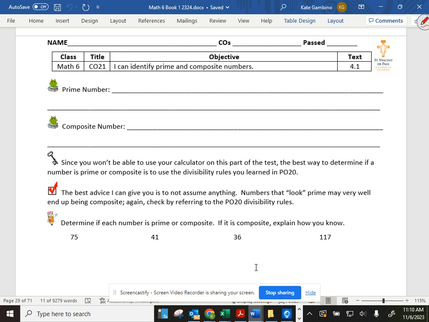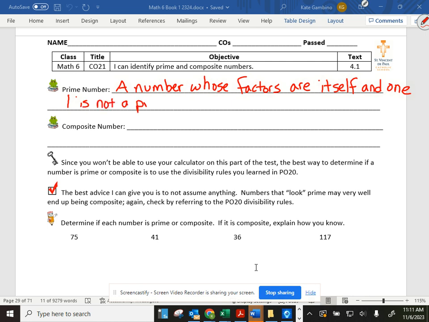A prime number is a number whose factors are itself and 1. 1 is not a prime number because it only has one factor.